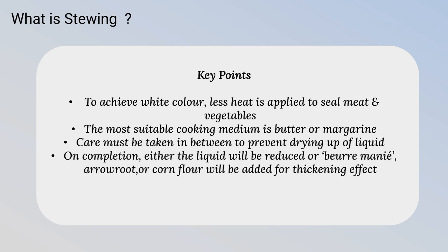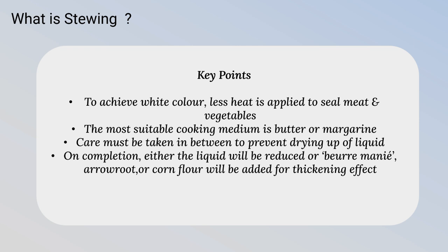On completion, either the liquid will be reduced, or beurre manié, arrowroot, or corn flour will be added for thickening effect. So once the stew is over, the liquid will be very liquidy. We have to make it a little thick, either by reducing it or adding beurre manié. Already we have discussed beurre manié in our sauce chapter, you must be knowing.